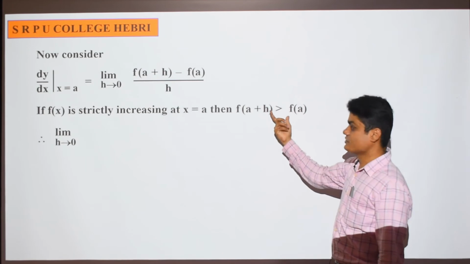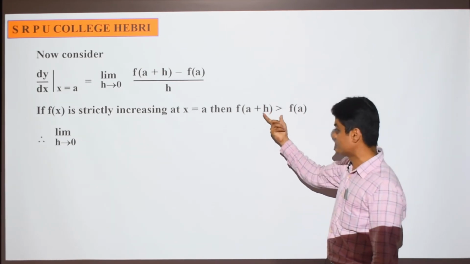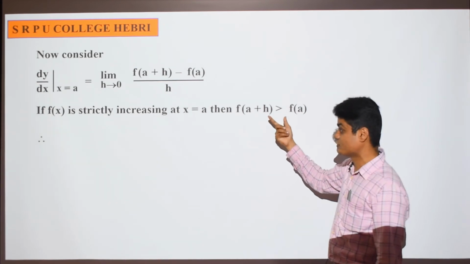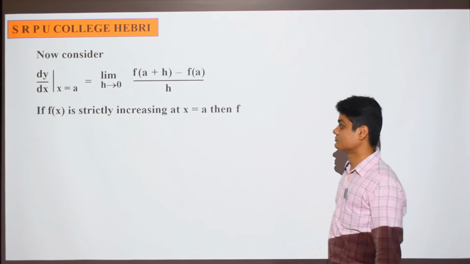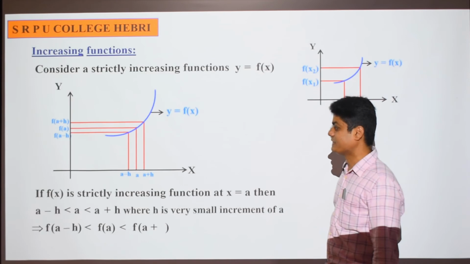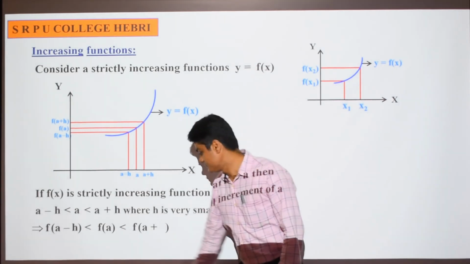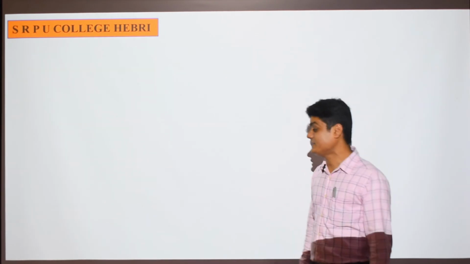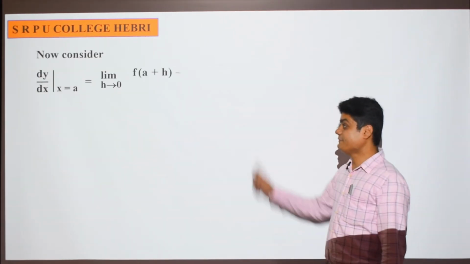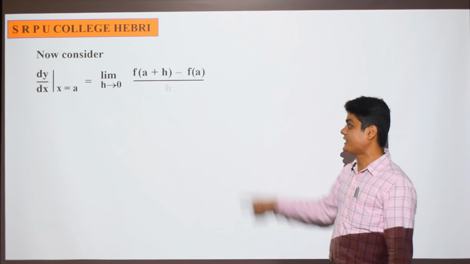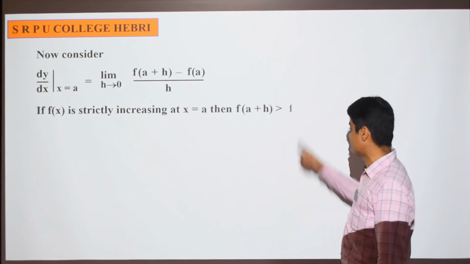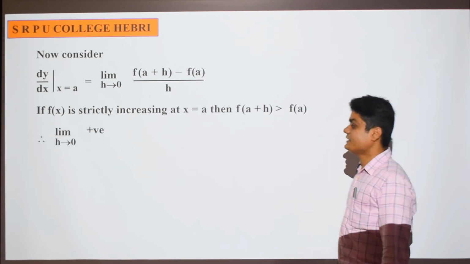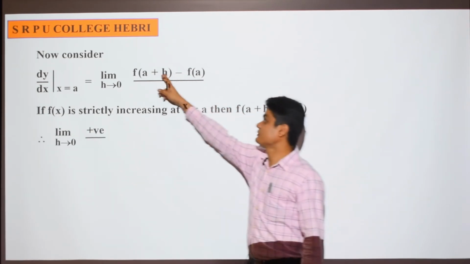Now if the function is strictly increasing at x equal to a, we already saw in the previous slide, f of a plus h is greater than f of a. So if the function increases at x equal to a, then f of a plus h is greater than f of a. Now substitute this in the expression: limit h tends to 0, first term greater than second term.